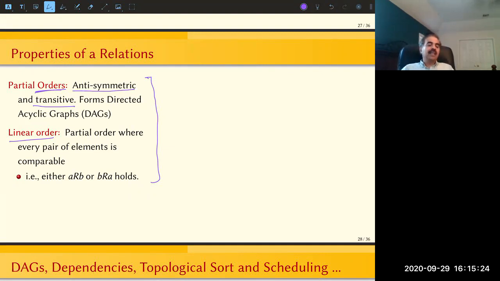Just like when we say A greater than or equal to B, that represents an ordering, and B greater than or equal to C, that represents an ordering. When we talk about greater than or equal to, that's an example of a total order. If you take two integers, n1 and n2, we know that either n1 is less than or equal to n2, or n2 is less than or equal to n1.